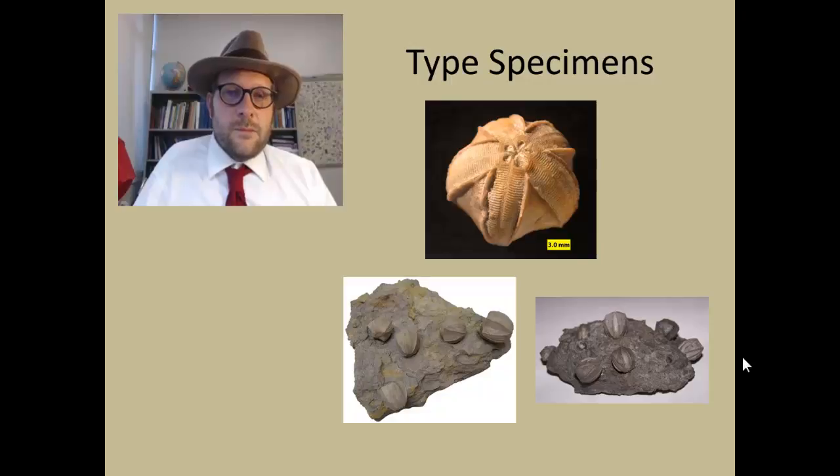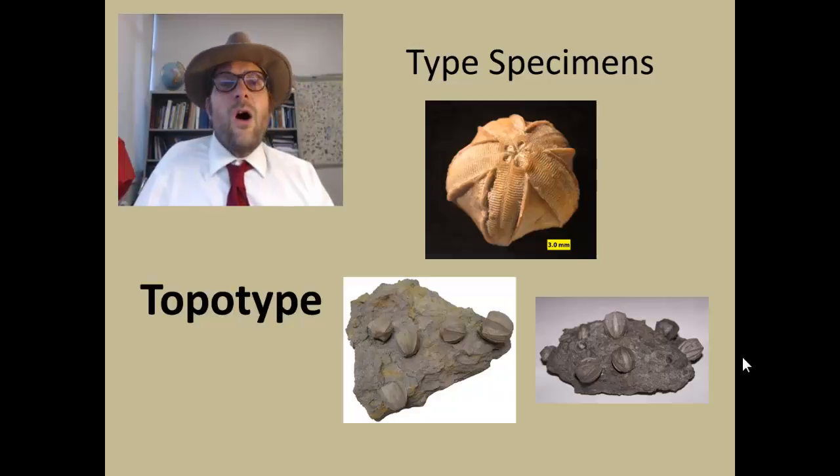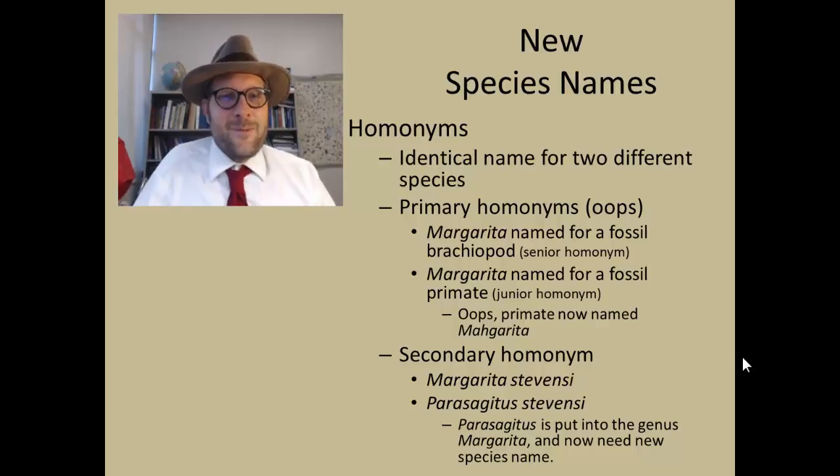Sometimes you have lots of specimens that are collected at the type locality, the same locality that you found that specimen in, and that is called a topotype. Those are also oftentimes included in collections. So those are all the different types of types that you can have in museum collections.